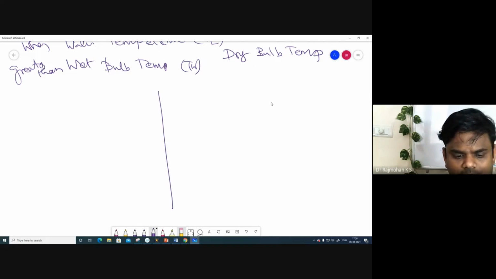If you consider the same liquid and vapor or gas, we will have a thin film on either side.